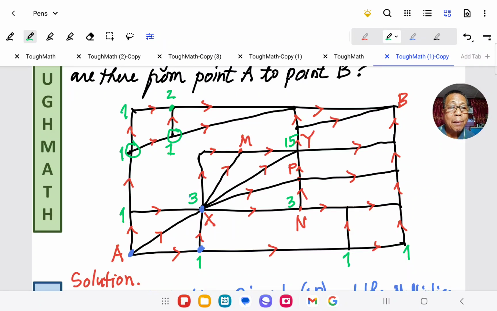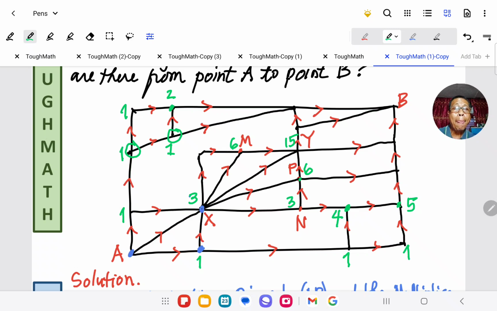Now from N to this point, it's no longer 3 because we have this other path here below. So this must be labeled 4. And therefore this must be labeled 5. And therefore P must be labeled 6. M must also be labeled 6.